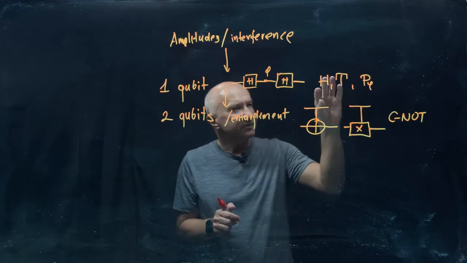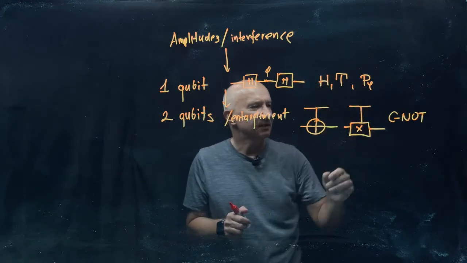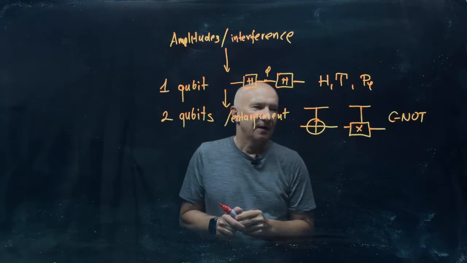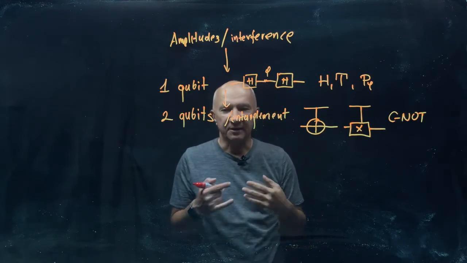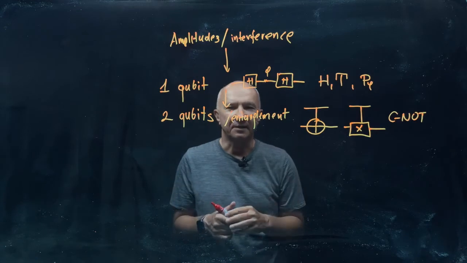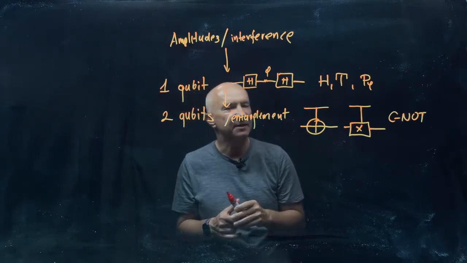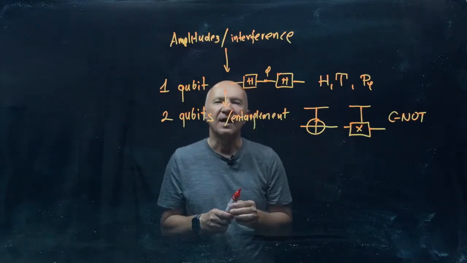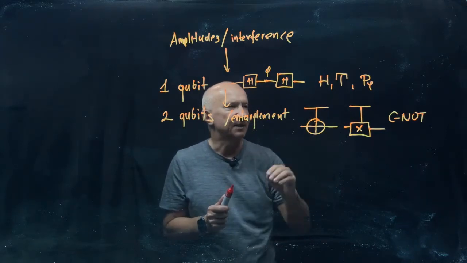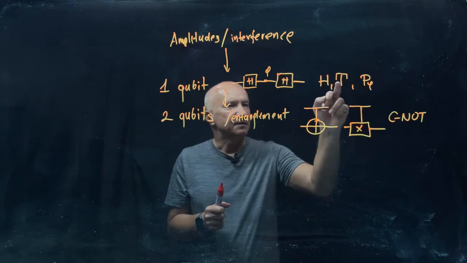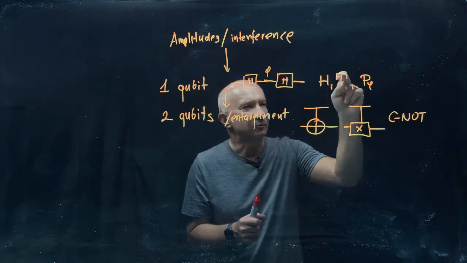We said, well, actually, you know, Hadamard and CNOT are not powerful enough to generate any complicated quantum interference, in a sense that you cannot implement any unitary operation on qubits only with the Hadamard and CNOT. You need the T-gate. So this is actually the valuable gate.